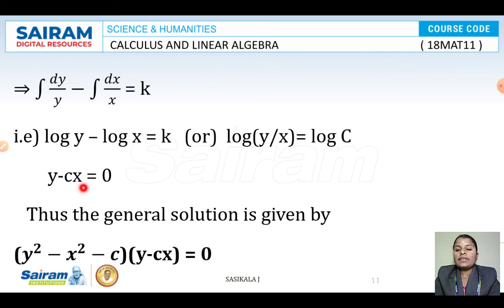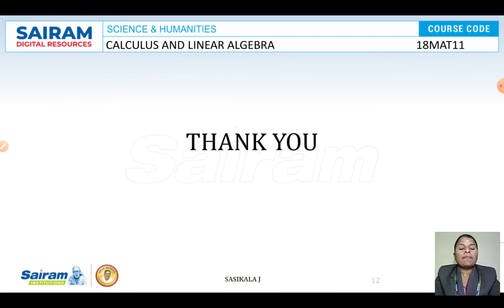So y minus cx is equal to 0 you will get. That means y by x is equal to c and y is equal to cx, that is y minus cx is equal to 0. Therefore, the general solution is nothing but (y squared minus x squared minus c) into (y minus cx) is equal to 0. So that's all for solvable for p for the higher degree equations. Thank you.